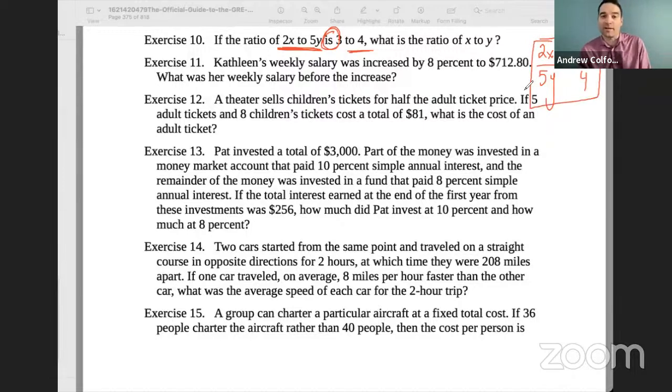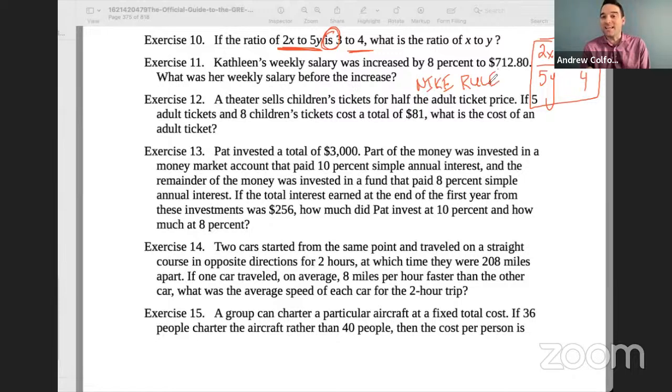Or maybe you already got that far on your own. 2x to 5y is 3 to 4. I don't know if you've gotten this far in the videos yet, but when you see this setup, something over something equals something over something else, I call it the Nike rule.